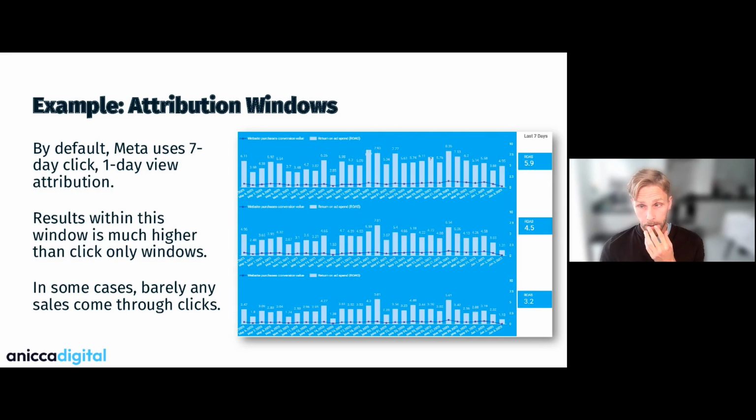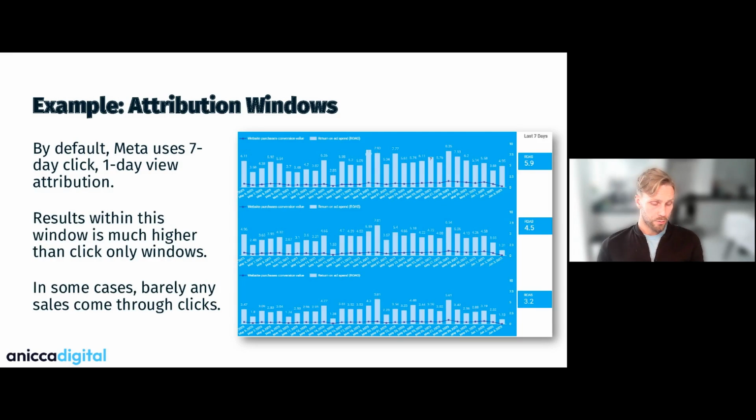If we look over the last 7 days here, it's 5.9. Now, you might have a client who has a certain target when it comes to the return on ad spend.